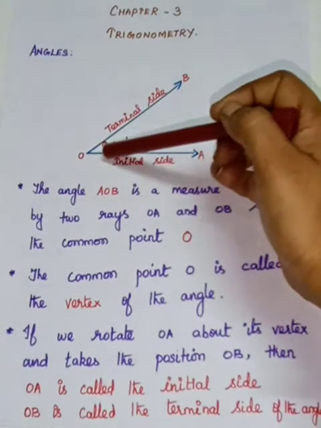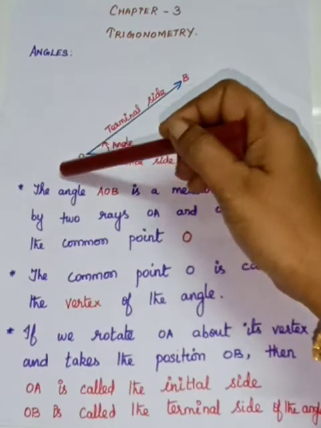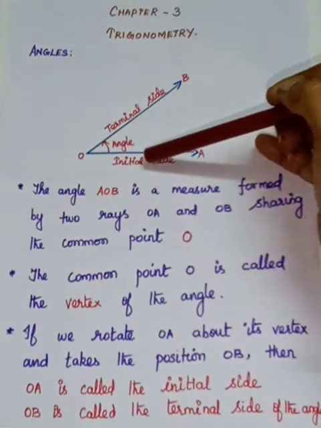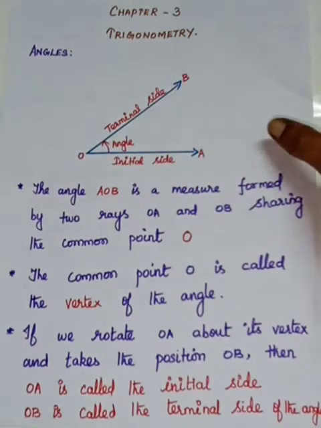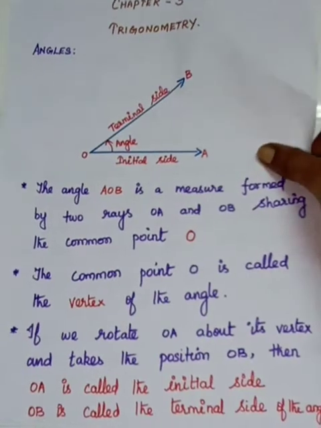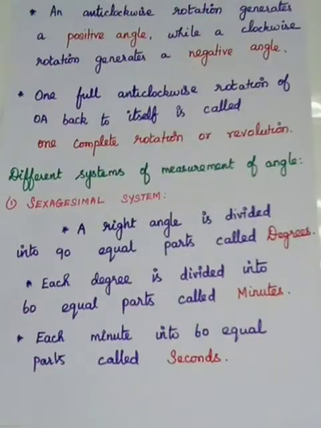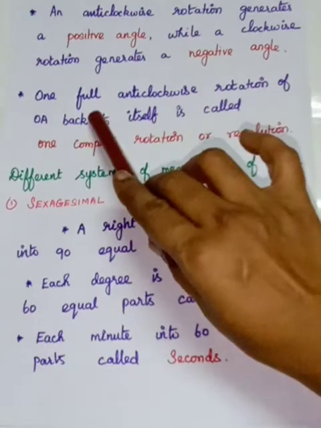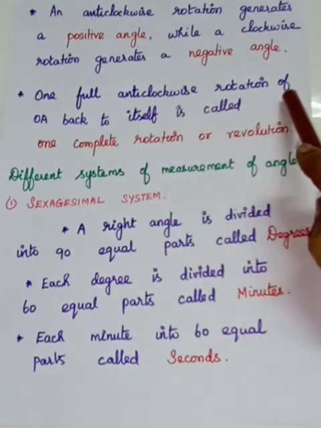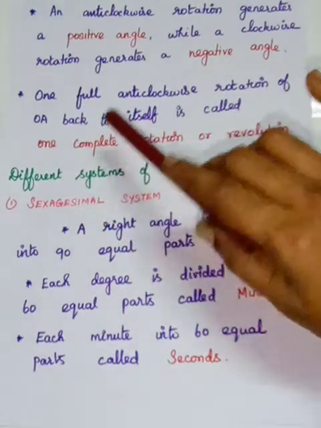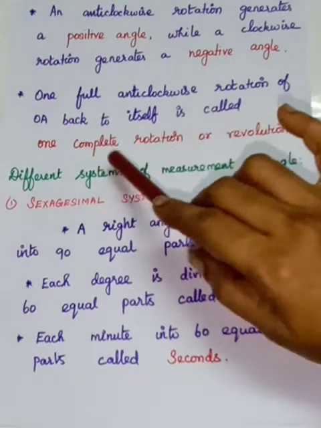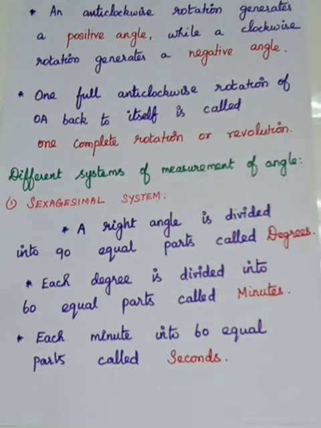One full rotation of OA back to itself is called one complete rotation or revolution.